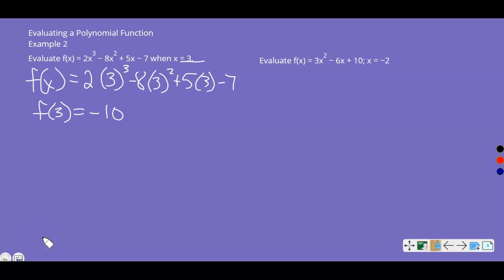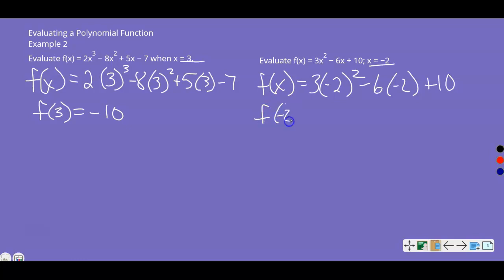All right, hopefully you paused the video and took a moment to do this on your own. So we're going to have f of x equals 3 times, it says let x equal negative 2, minus 6 times negative 2 plus 10.